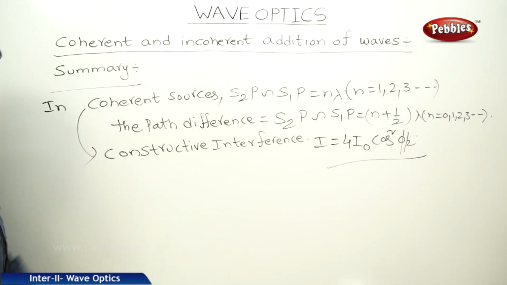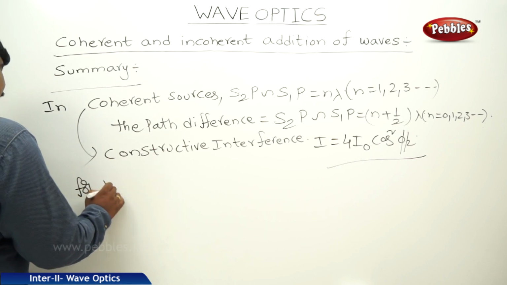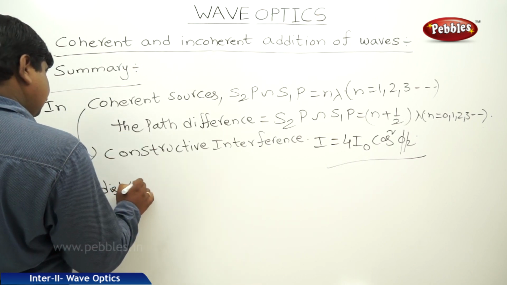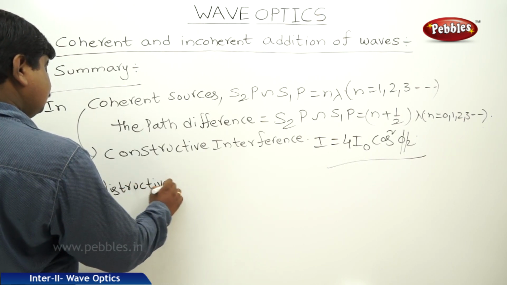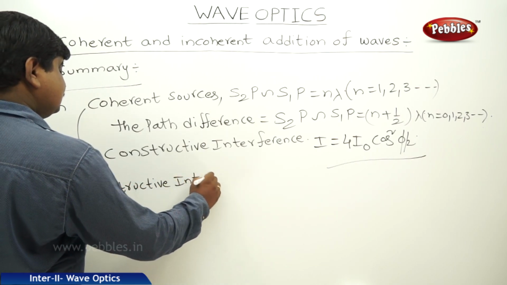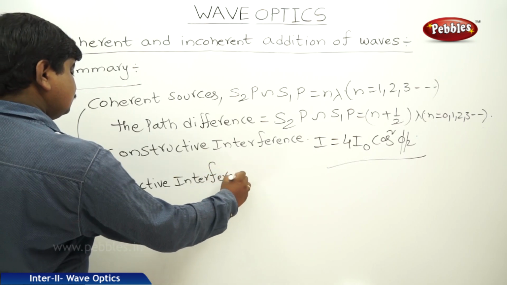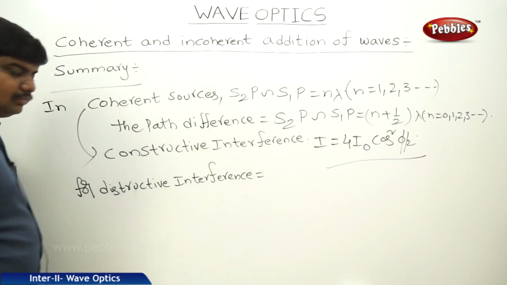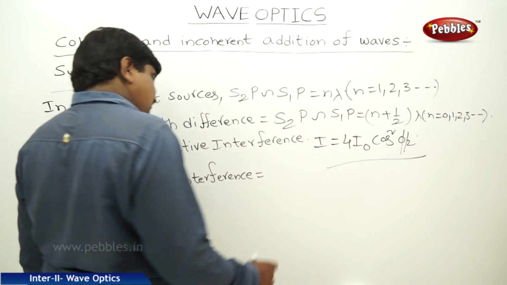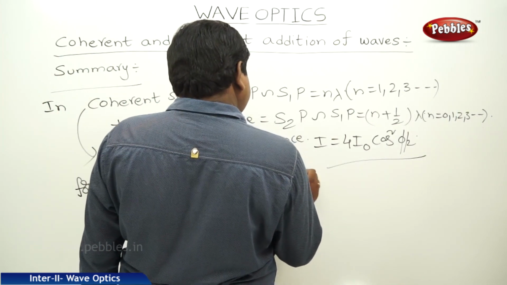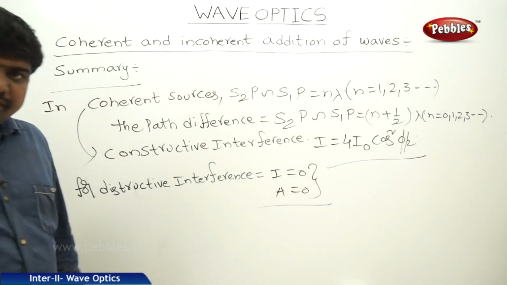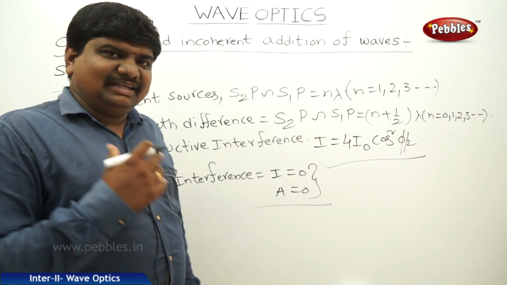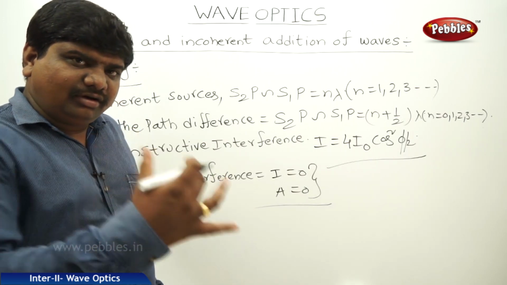But in case of destructive interference, intensity is 0, amplitude is also 0. No need to discuss. Now we will discuss what is the intensity difference between the bright fringes and dark fringes by using this equation.